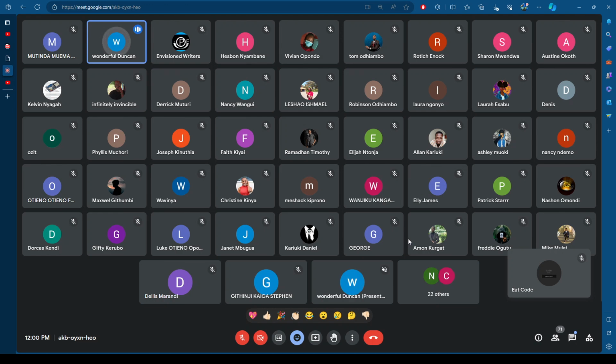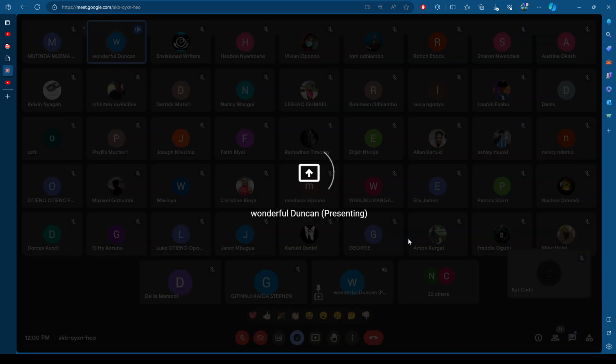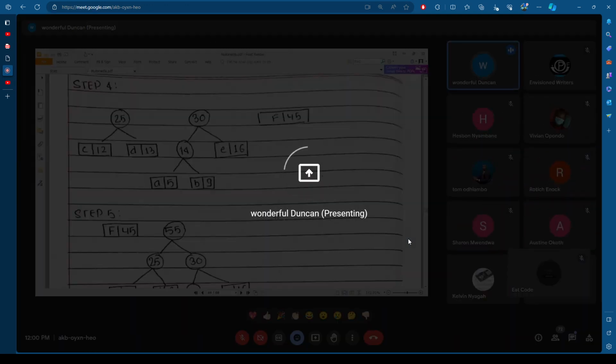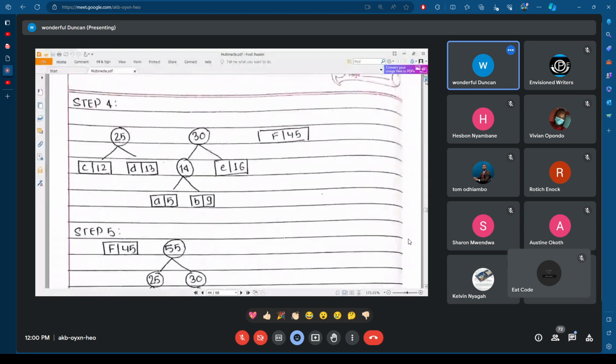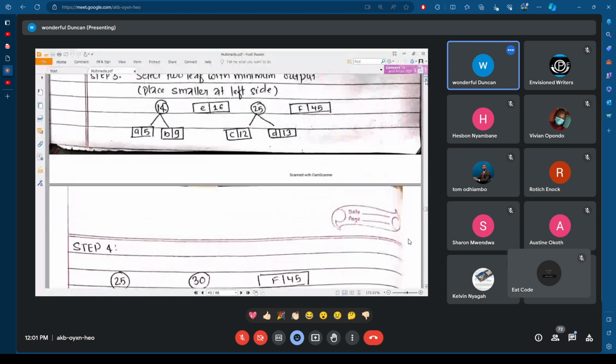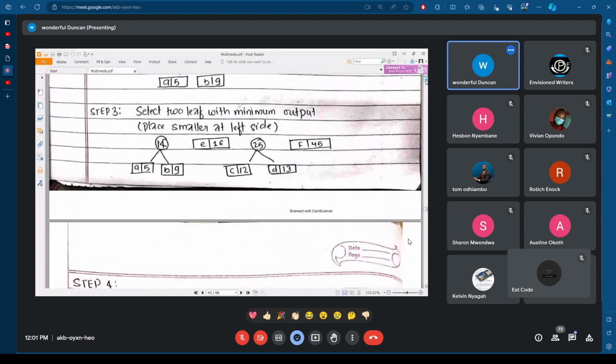So we have step 4. We see 16. E is 16. Let me go back up there. So we are going to add 14 and 16.